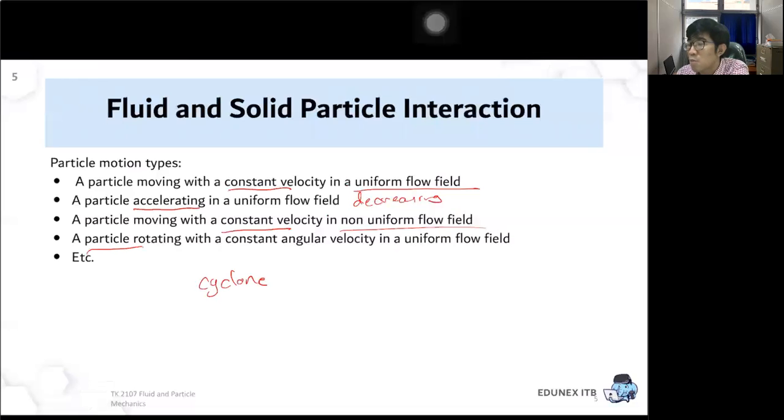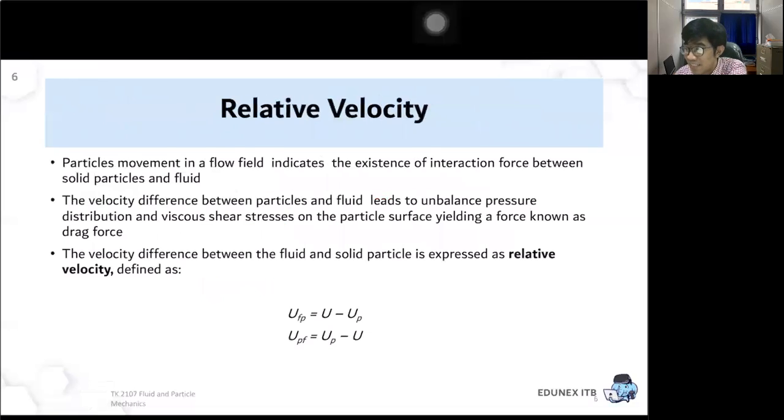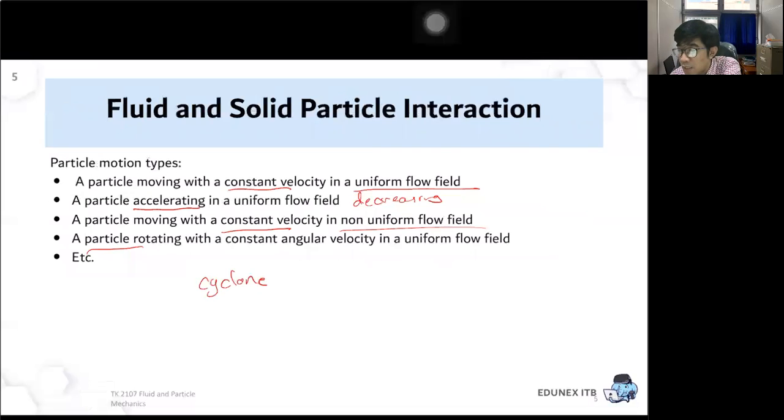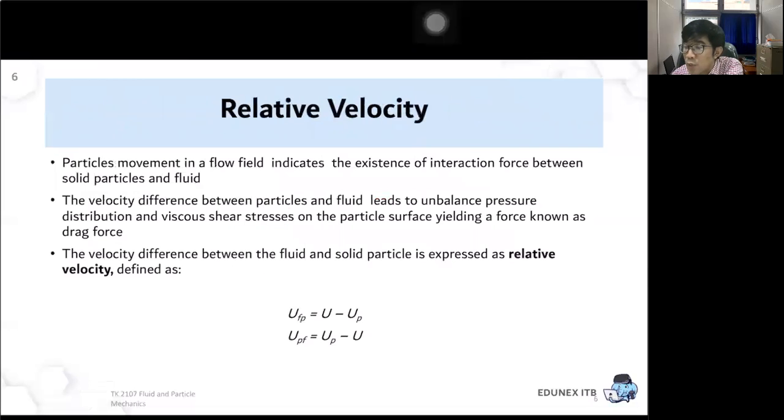Okay, I think you can imagine the phenomenon. Because some interaction can happen relating to the velocity, we have a term called relative velocity, or sometimes slip velocity.